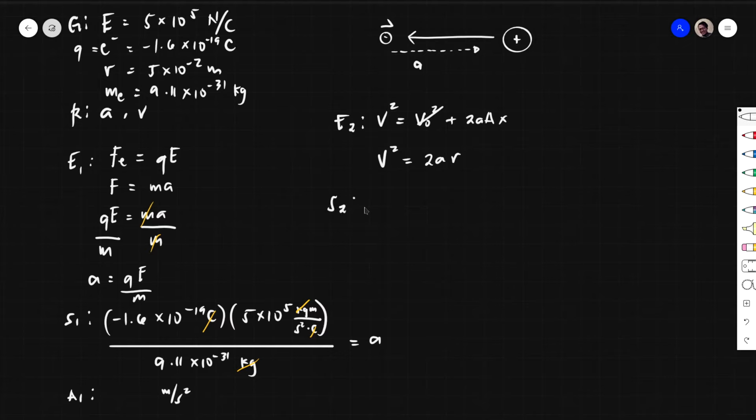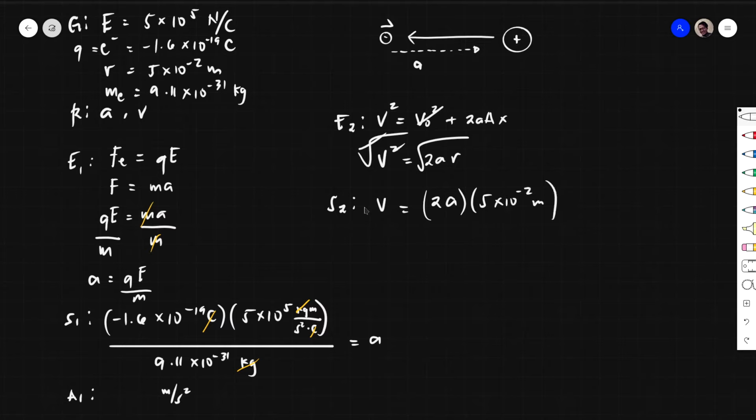So our solution 2 would be v, or you square root it on both sides, so cancel this one. This will be 2 multiplied by the acceleration that you will obtain from the first portion of this problem multiplied by the radius, which is 5 times 10 raised to negative 2 meters.